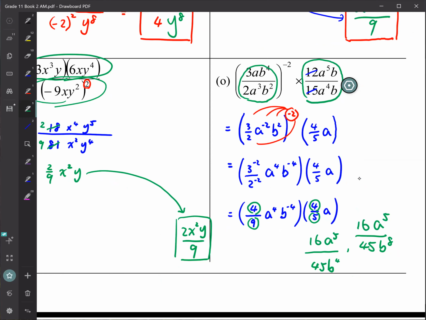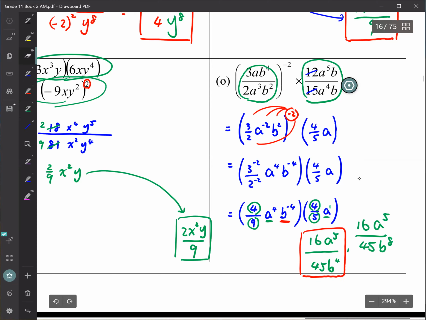Then a to the 4 times a to the 1 will combine and give you a to the 5. That's also correct. The only thing that's different is the b. b to the negative 4 may go down, since it carries a negative exponent. So the correct answer should be b to the 4 in the denominator.